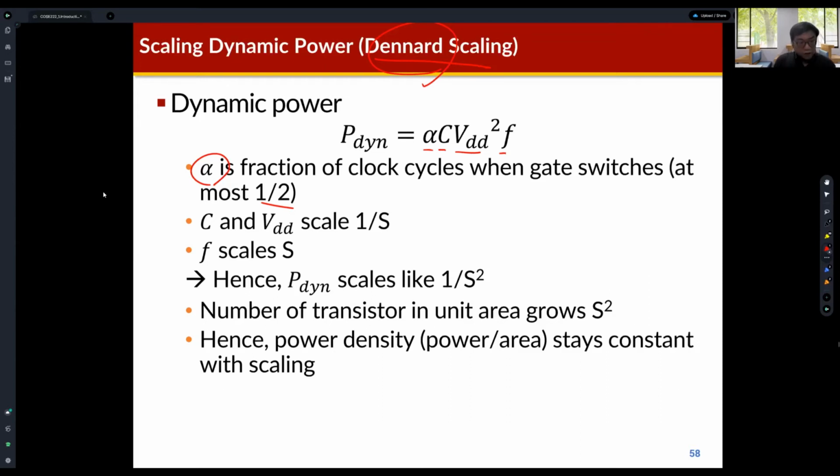So in the previous classes, I explained that when the semiconductor technology is advanced, then we can shrink the width of a CMOS transistor channel. Okay.